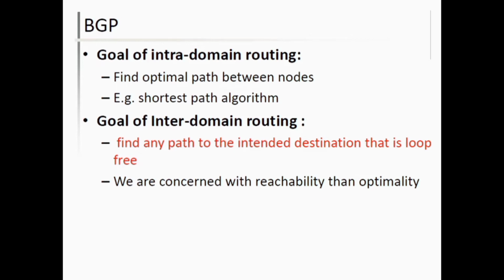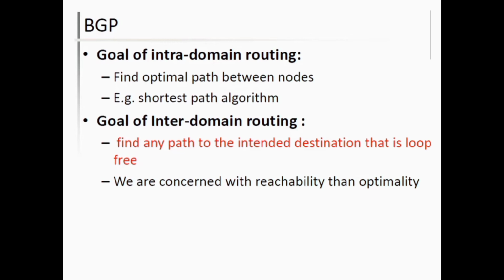At the same time, the goal of inter-domain routing is to find any path to the intended destination that is loop-free. In this case, we are concerned with reachability rather than optimality.